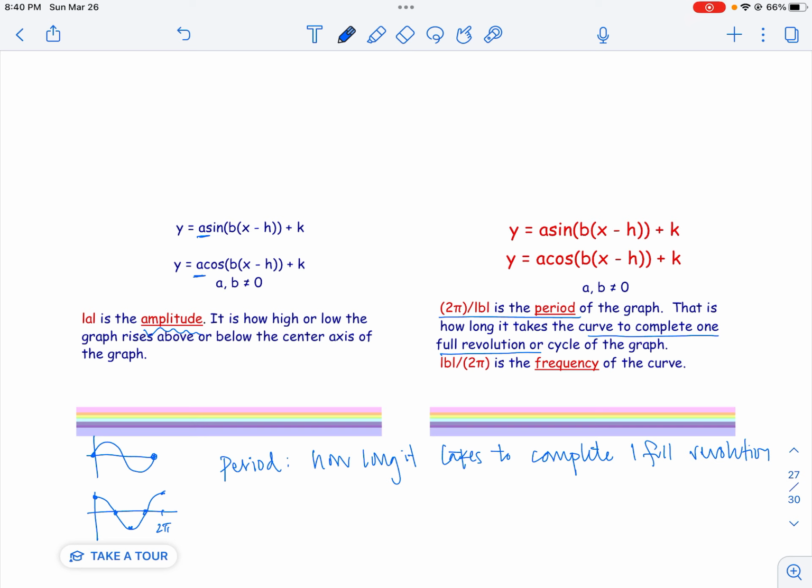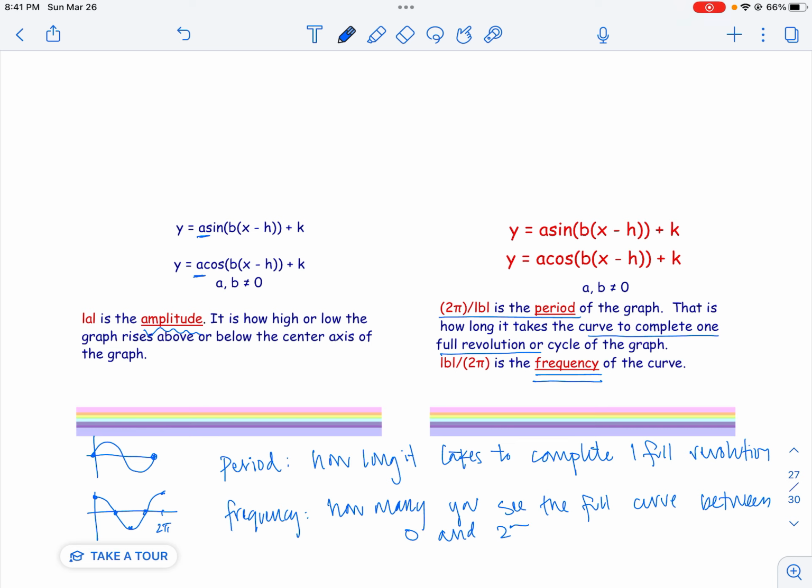Okay, now frequency is related to the period, and the frequency is how many times you see the full curve between 0 and 2 pi. There's a formula here. I'm going to take the b value of my function, and I'm going to take 2 pi over b.